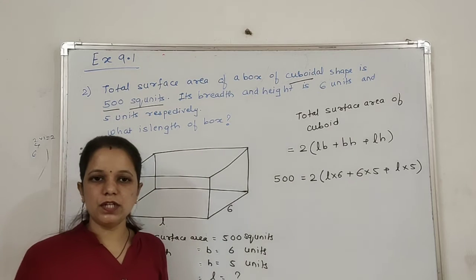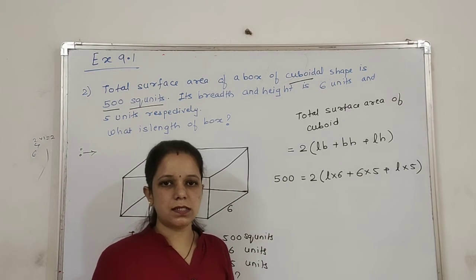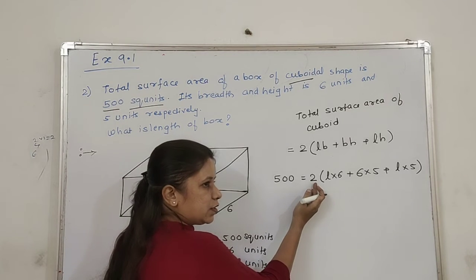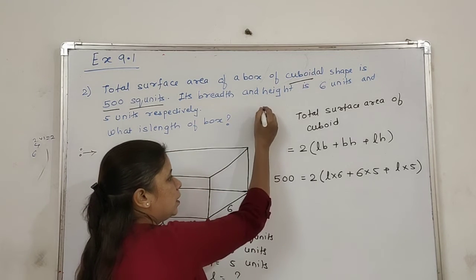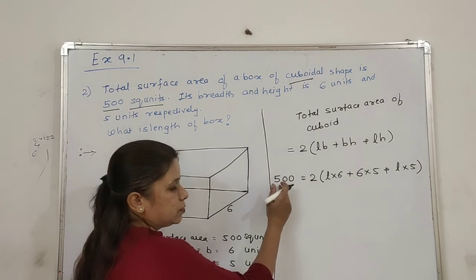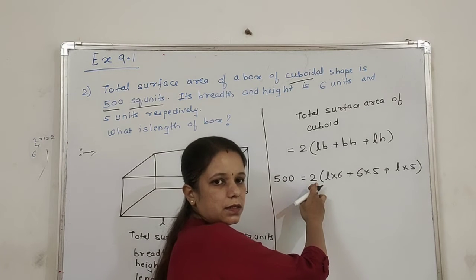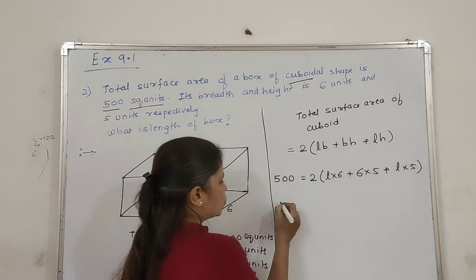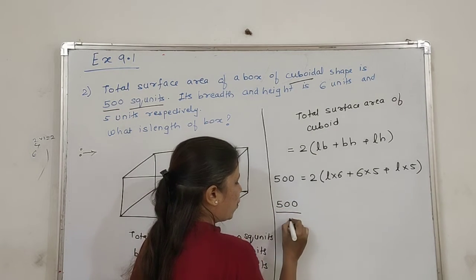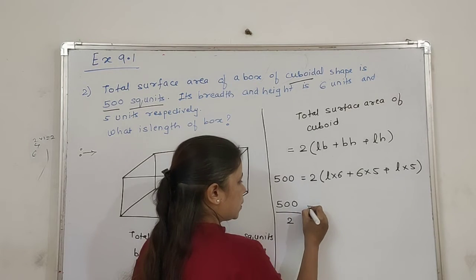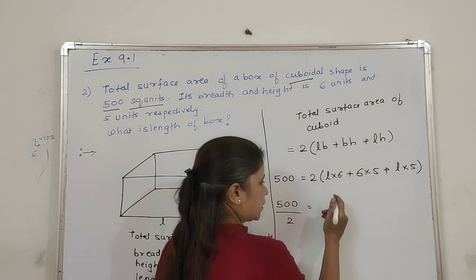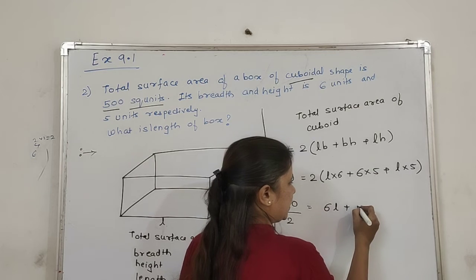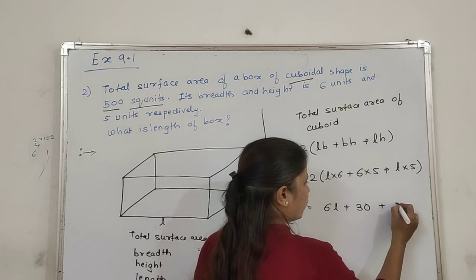Now the calculation part of this sum is a bit different. First we will have to take this 2 on the left hand side. So here this 2 is multiplied here, when it comes on the other side, it will be divided. So 500 upon 2 is equal to L into 6 is 6L plus 30 plus 5L.